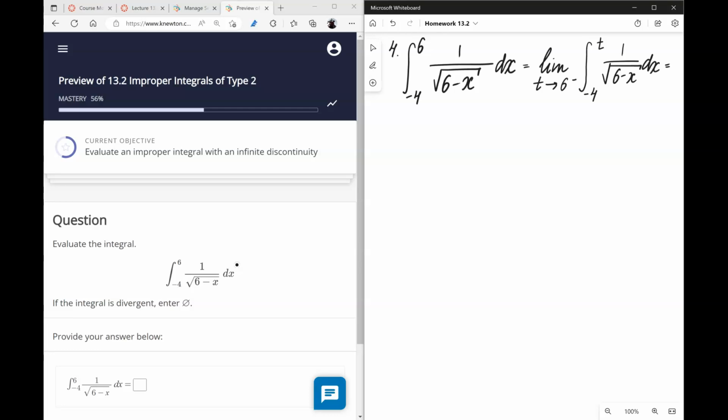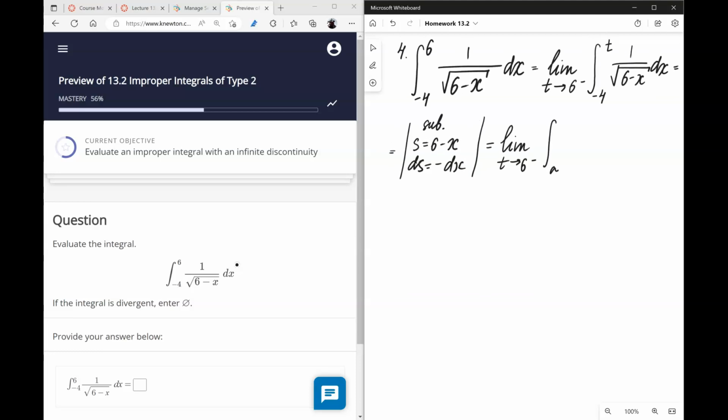And I'm going to do the substitution here. So substitution will be s is equal to 6 minus x. So ds is equal to negative dx. And the integral now becomes, it's still the limit as t approaches 6 from the left.